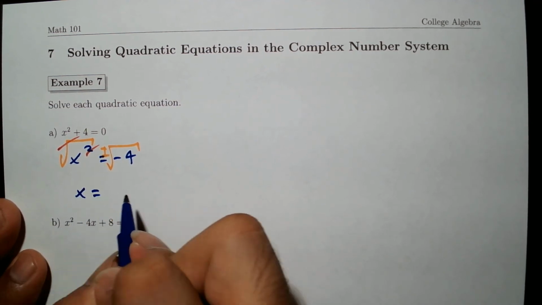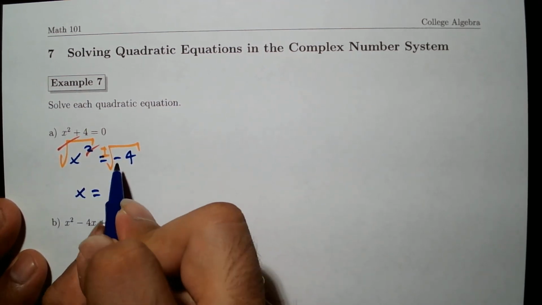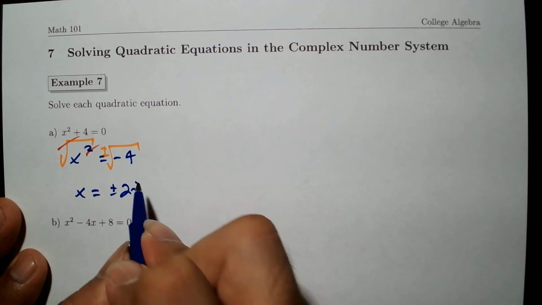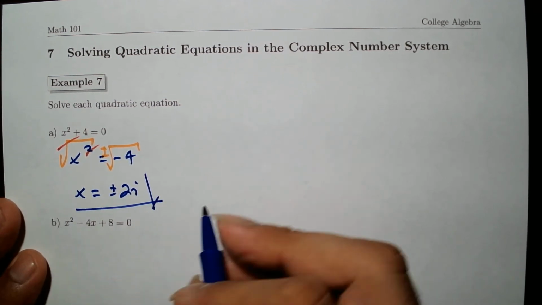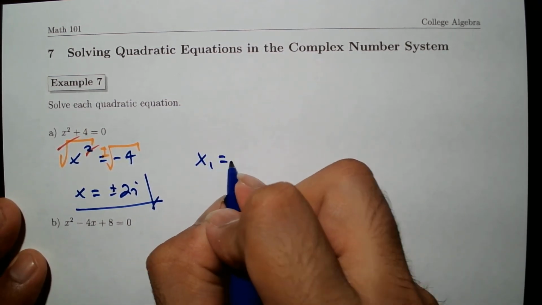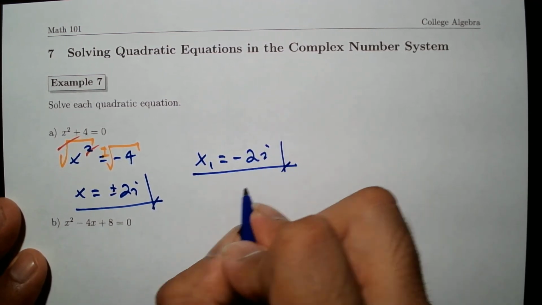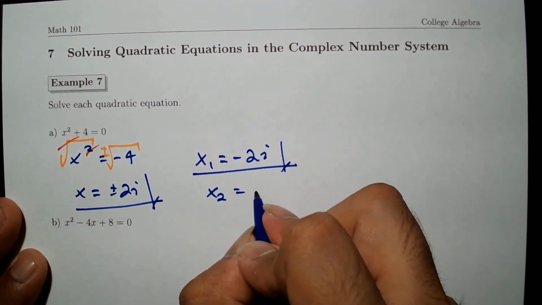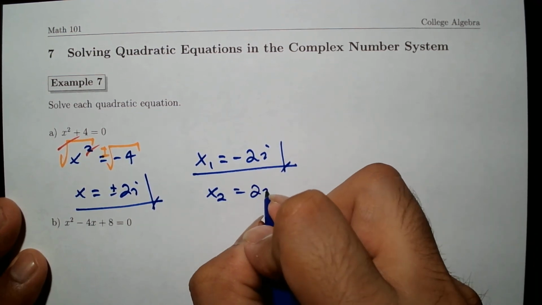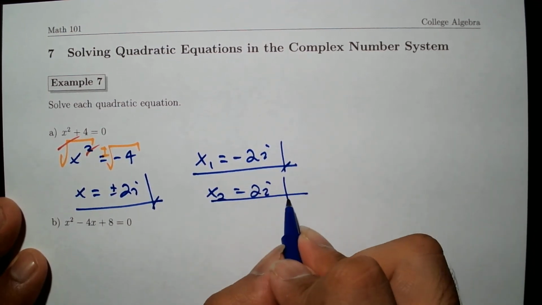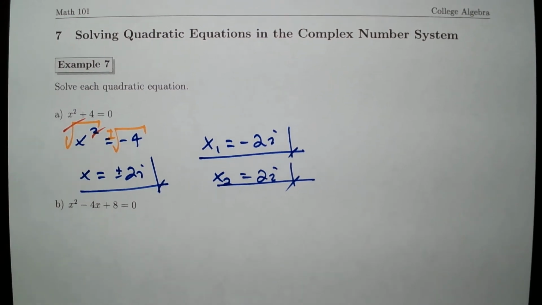So x equals plus or minus the square root of negative 4, which is 2i. So x1 equals negative 2i, and x2 equals positive 2i. Alright.